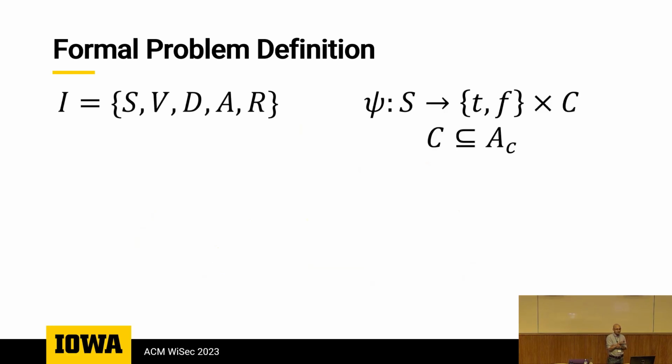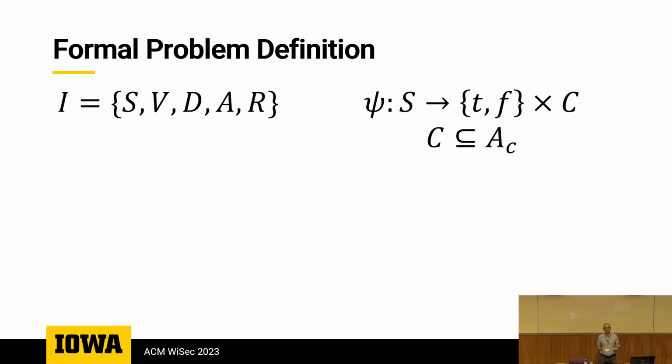And for the problem definition, the other aspect we need is a policy. This is psi, which takes a state and gives you a pair. The first of the pair is a Boolean, true or false, whether this state is safe or unsafe, true being safe, false being unsafe. And the second component, phi, tells you, if it's unsafe, what is the sequence of actions that gets me to a safe state?